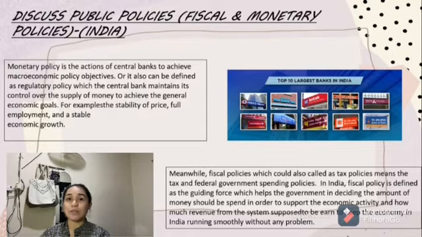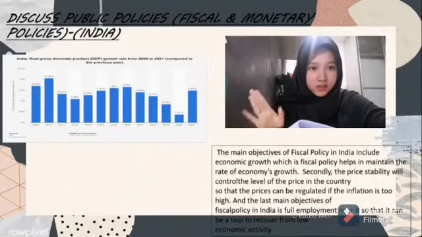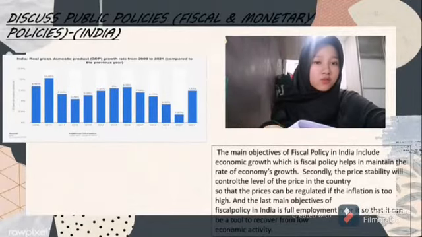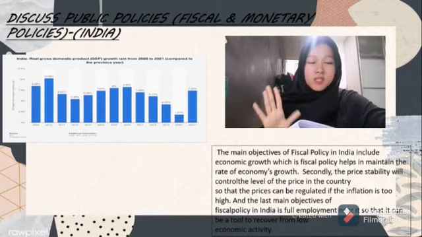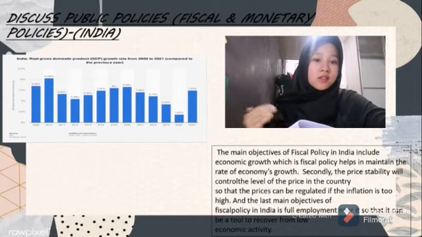The same goes for monetary policy, which is very important in managing the country's economy. One of the examples of fiscal policy in India is that the government may choose to draw on the foreign exchange reserve or print additional money. As mentioned before, the objectives of fiscal policy in India include economic growth, which helps maintain the rate of economic growth.